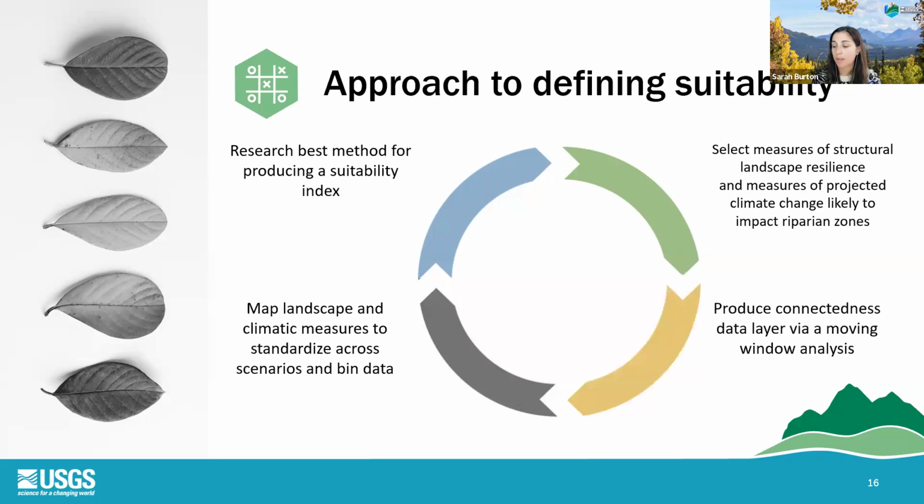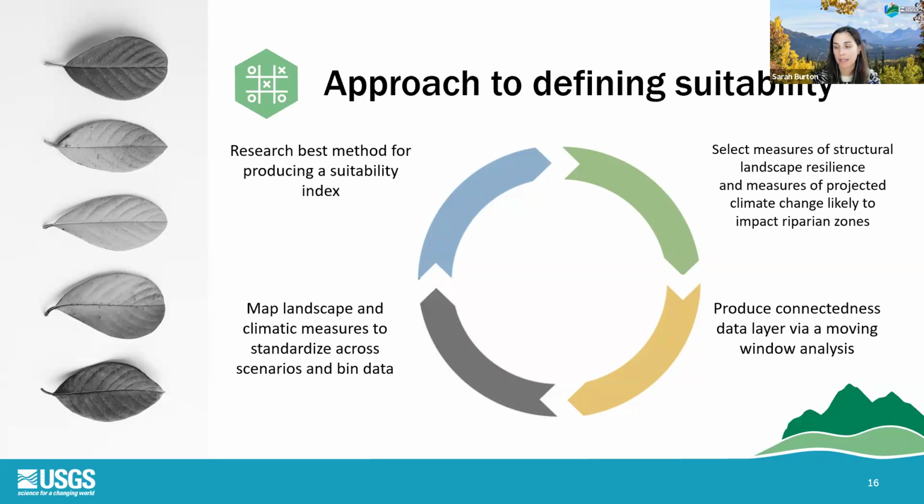And then the next step in our process, looking back at those structural landscape resilience measures that we pulled in, one of those measures that we wanted to get at was the idea of connectedness, since these climate refugia can serve as corridors for species that need to move between areas. We wanted to look at how connected riparian areas were as one of our measures.